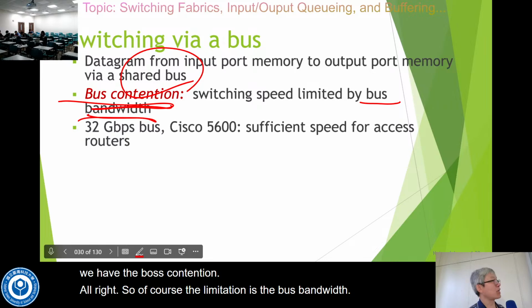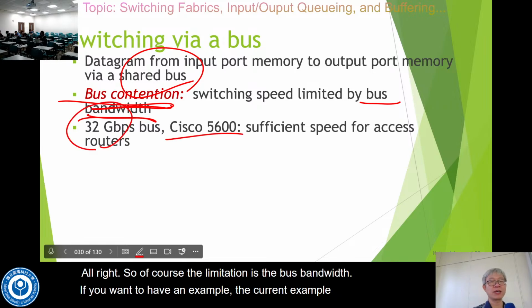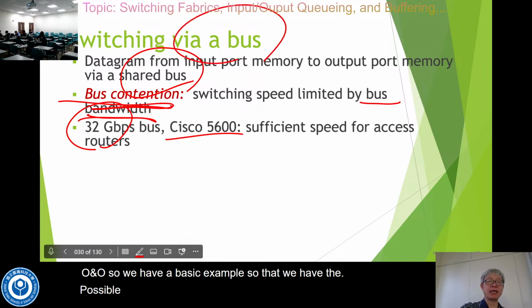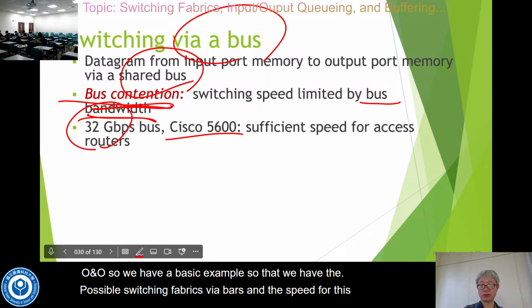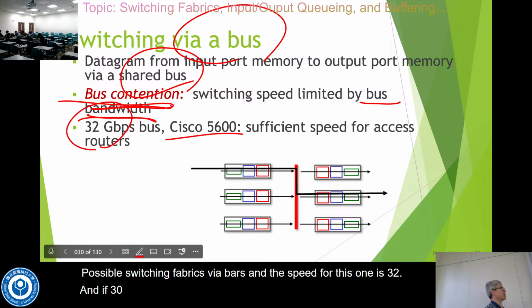If you want an example, the current example is this one, the Cisco 5600. So we have this example today of a possible switching fabric via bus. And the speed for this one is 32. And if 32, then maybe for some generations, actually this one is sufficient.